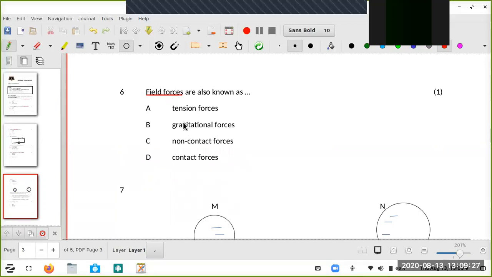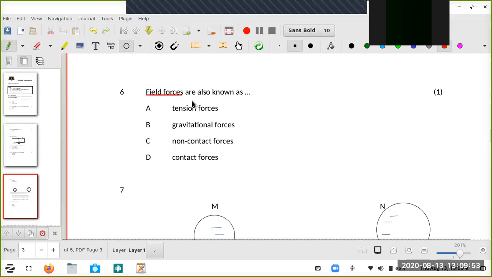We are in need of the other name for field forces. C, non-contact forces. This one is correct. Then let's check D before we finally identify the answer. D, contact forces. Field forces are not contact forces, so D is out. So according to what we have seen, tension falls under contact force, which is out. Gravitational is a specific example of field forces.